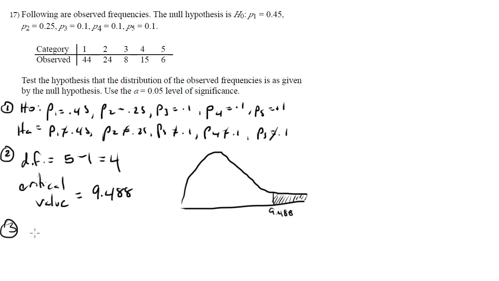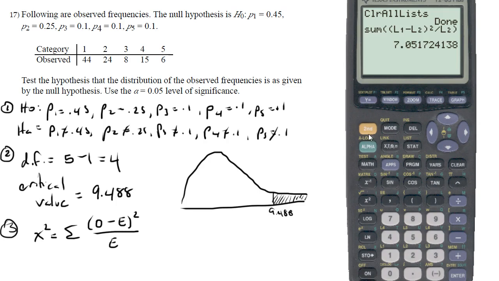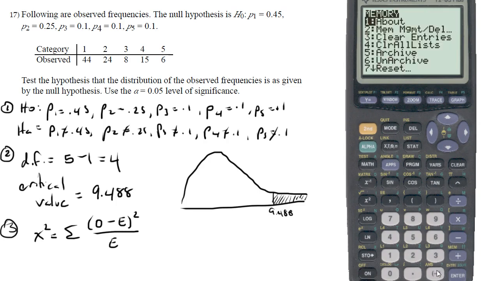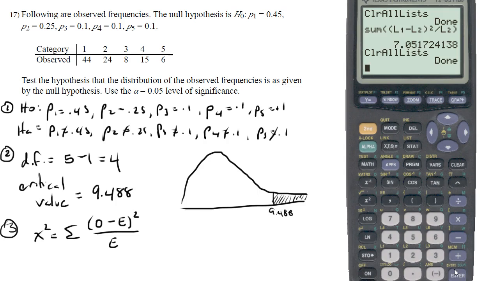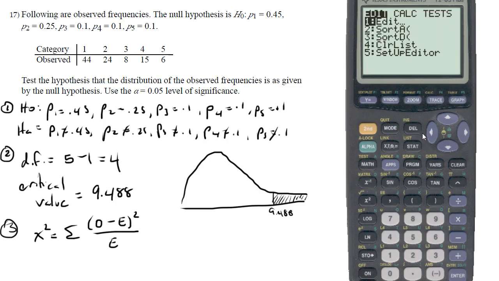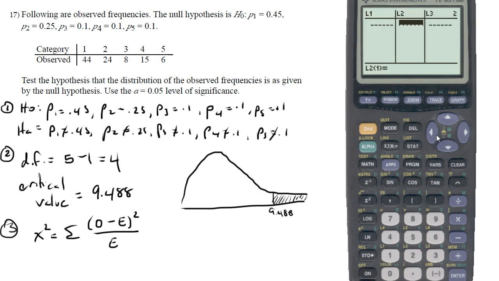Okay, let's see. Chi-squared equals the sum of the observed values minus the expected values squared divided by the expected values. I'm going to be even sneakier this time. Watch this. Clear my lists. I don't even know if this is going to work, but I'm going to try it. So edit. My first L1: 44, 24, 8, 15, 6.